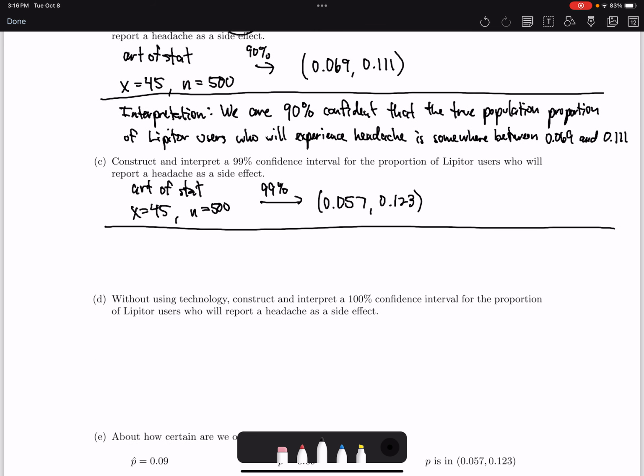I'm going to state that slightly differently, though. Okay, because we could also say it like this.